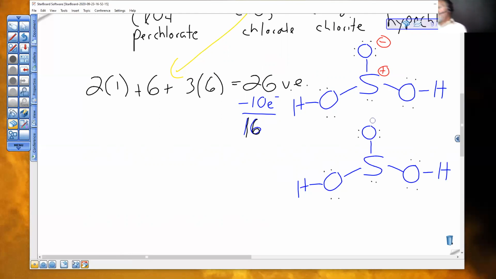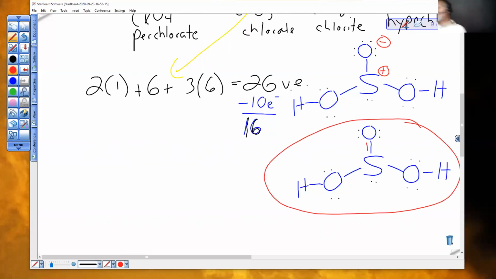And sulfur will gain an electron and go up. Sorry, it'll become less positive. And I took the pair of electrons off, and now I'm putting it back on. You ready? And that right there is my final answer. The important thing is oxyacids have H attached to O.